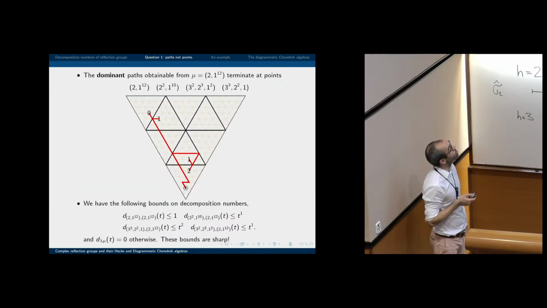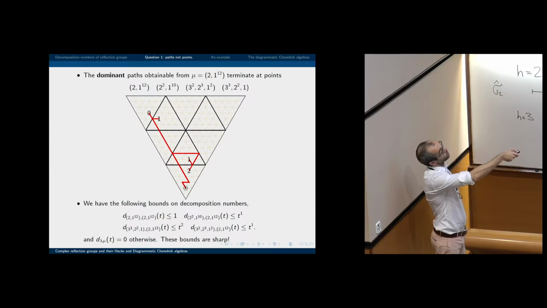Great. Okay, so here, this gives us the following bounds on decomposition numbers. Obviously, the Specht module labeled by a given partition will have him as a simple head in degree 1. And then here we get bounds of degree t to the 1 for him, and finally t to the 2 for him.